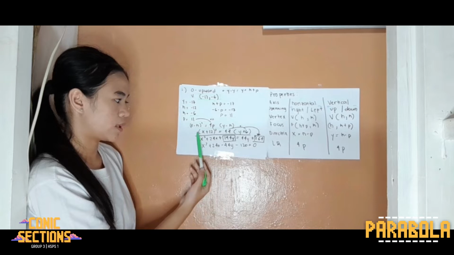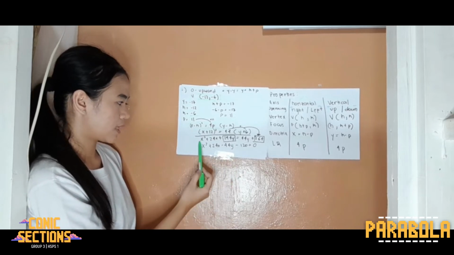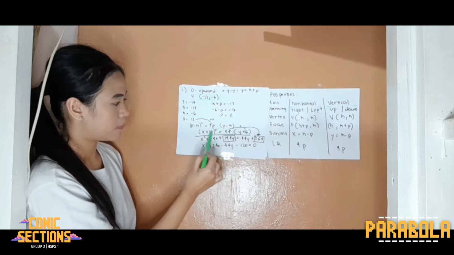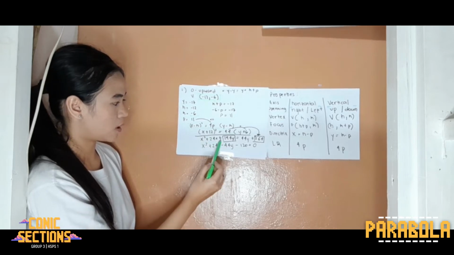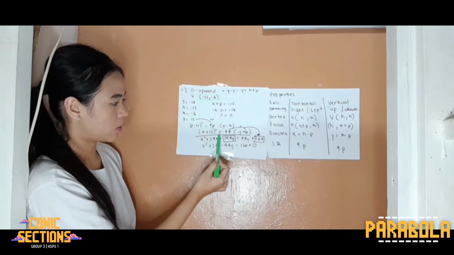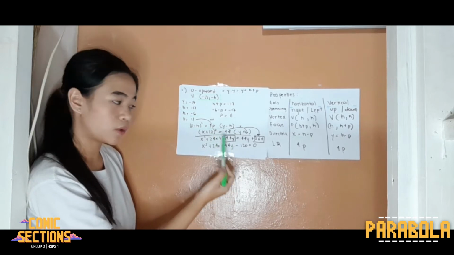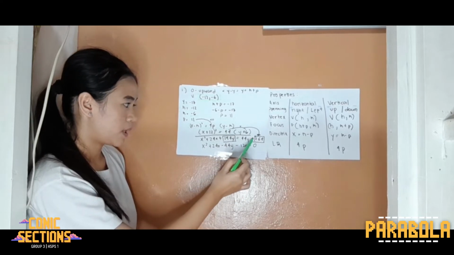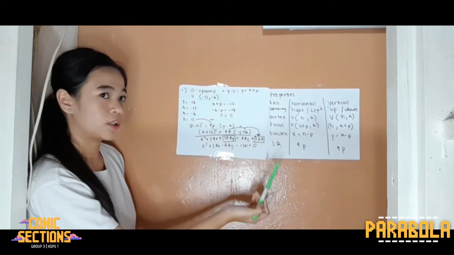Now we need to square. x squared plus 24x, because 12 plus 12 is equal to 24, plus 144. The square of 12 is equal to 144, equal to 44y plus 264.